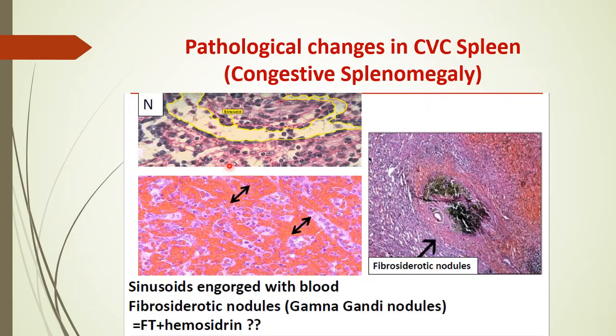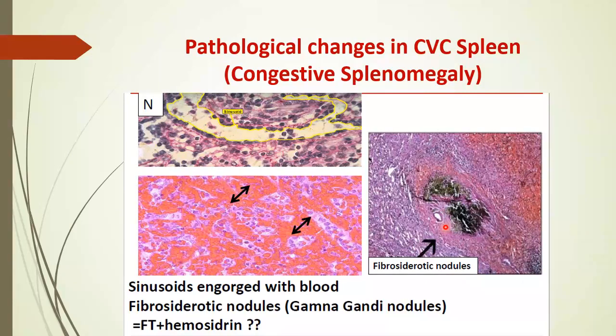And now, as regards the microscopic picture of congestive splenomegaly, here is the normal tissue of the spleen under the microscope, and these sinusoids are empty and clear. But here the red pulp sinusoids are dilated and engorged with blood, and their walls are thickened due to fibrosis.